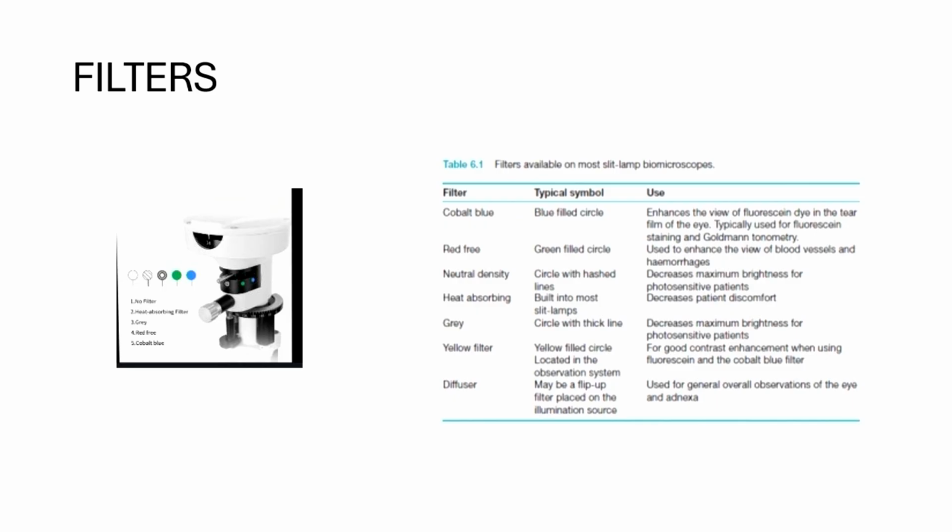The gray filter is a circle with a thick line and decreases the maximum brightness for photosensitive patients. The yellow filter, a yellow filled circle, is located in the observation system. It gives good contrast enhancement when using the fluorescein and cobalt blue filter.